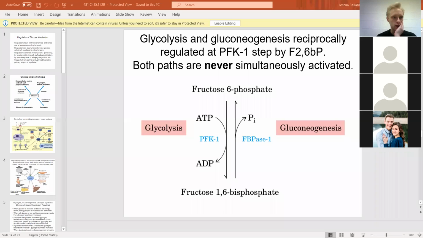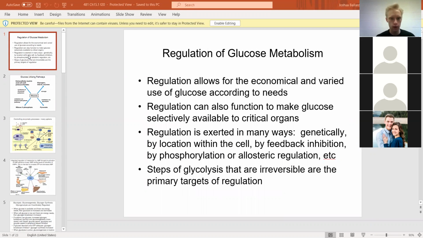Okay, so we have 15.1 here, and with this section, it talks a lot about the regulation of glycolysis and gluconeogenesis. The pointers on the study guide say including glucokinase, fructose 2,6-bisphosphate, xylulose 5-phosphate, and PP2A.